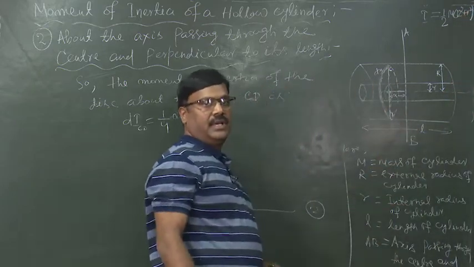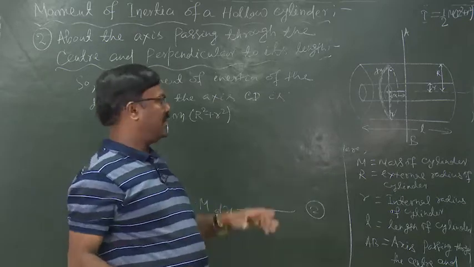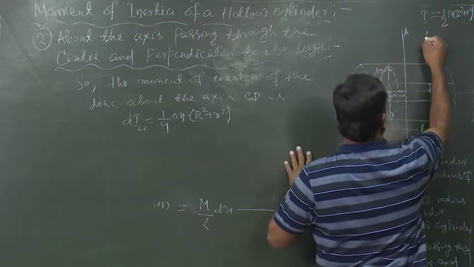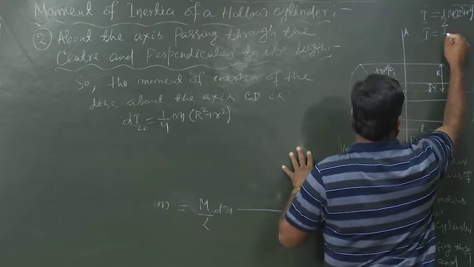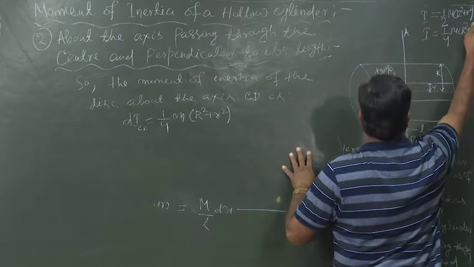And in case of the moment of inertia of a circular disk about its diameter, we already found in our previous classes that it is 1 by 4 m into r square plus r square.